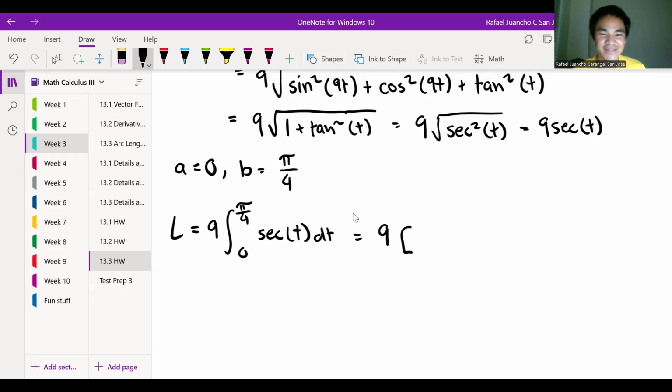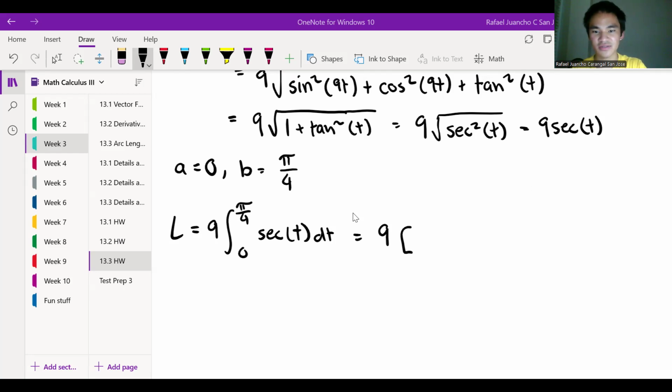how do we integrate the secant again? This is something I don't memorize. I need a table of integration. Do I have that? Or no? I don't think I do. Okay. Let me quickly check my previous notes. There's a formula for it though.